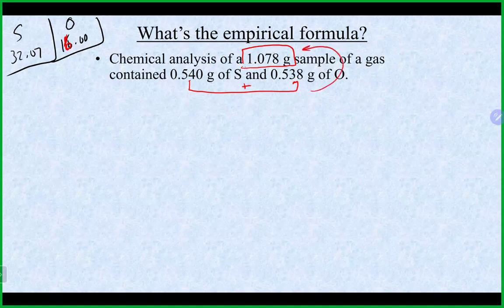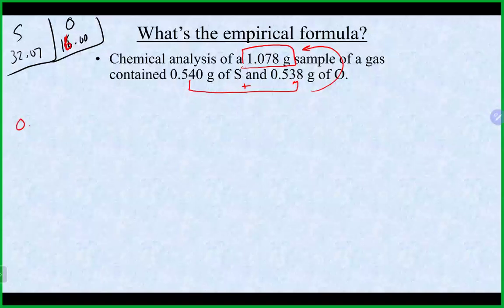If you did add those numbers up and it didn't add up to that 1.078, you probably are missing another element, and there would be some information to allow you to figure out how much it is. You can find that other element by just subtracting the total from what you have. In this case, it does add up. They're already in grams, so we shouldn't go backwards.